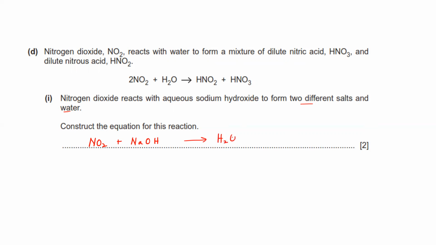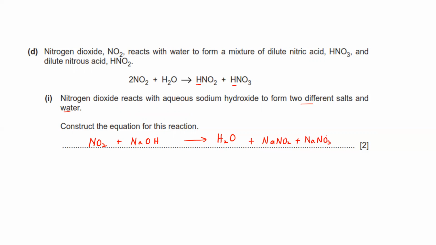So one is water, H2O. Then we have two different salts. So remember, this is the nitrogen oxide that is reacting with water to give HNO3 and HNO2. So from here we can see that if we remove H from here, this will be taken up by water and the salt comes here. So the sodium salts are NaNO2 plus NaNO3.